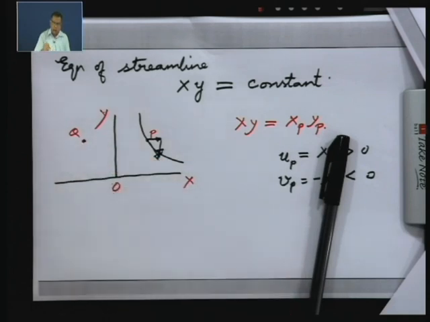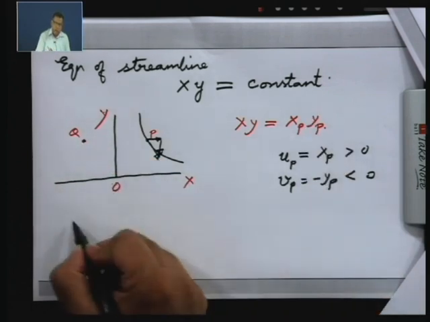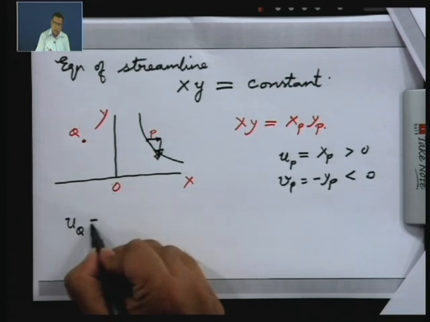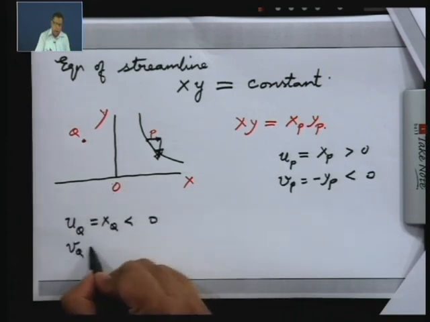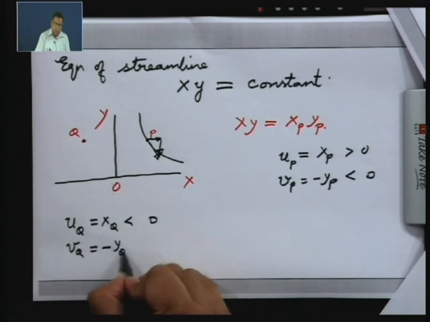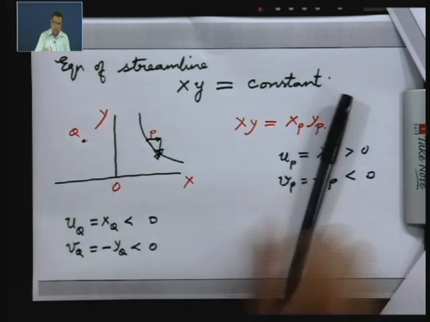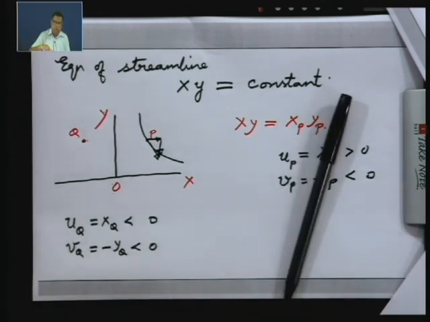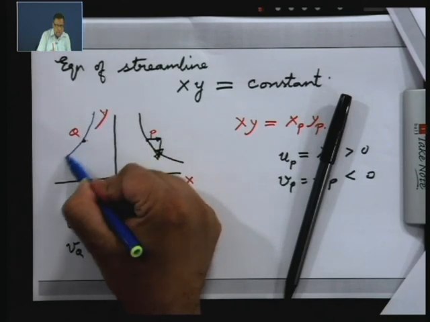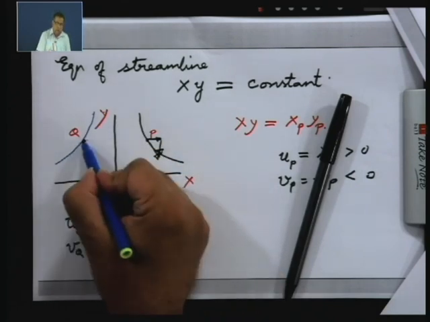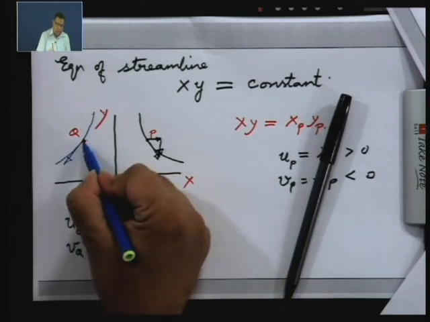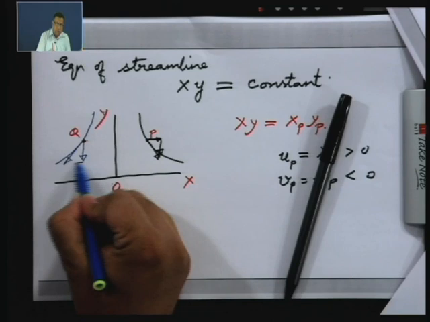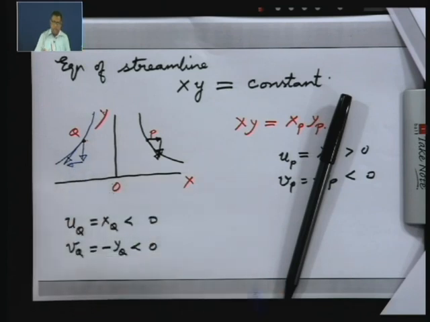So, if you look at u at the point q, it is x_q which is negative, and if you look at v at the point q, that is minus y_q. Now, y_q is still positive, and there is a negative sign, so this is negative. So, the streamline through this will be like this. If I draw the tangent here, this is the direction of the velocity. It has a negative y component as well as a negative x component.